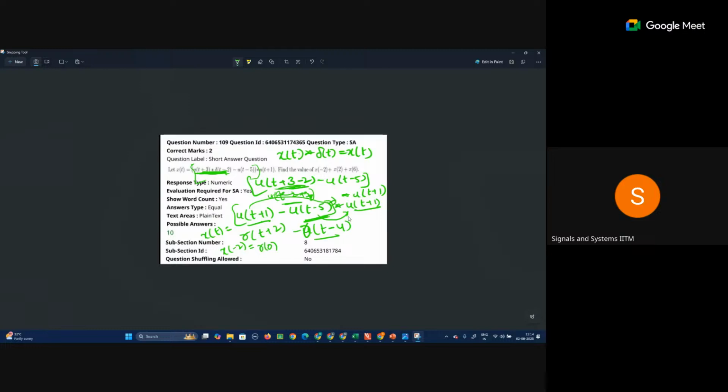So it will be 0, and here it is minus 2, r of 2. Then plus r of 4, plus 0. I mean, r of 0. Got it, ma'am. So you can compute it.